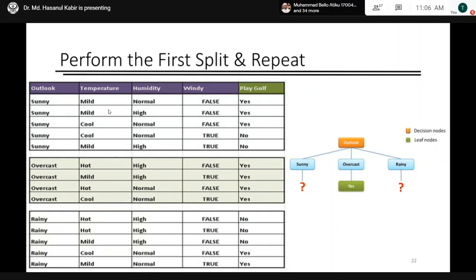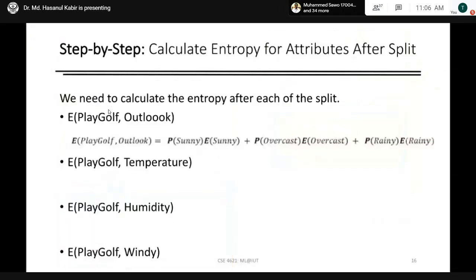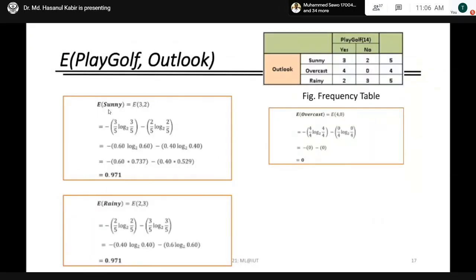Now if I look at the impurity of overcast, I have already computed it here. What was the impurity of overcast? It was 0, right? Yes or no? Yes, sir. That means, do I need to do any further splitting for this particular branch?